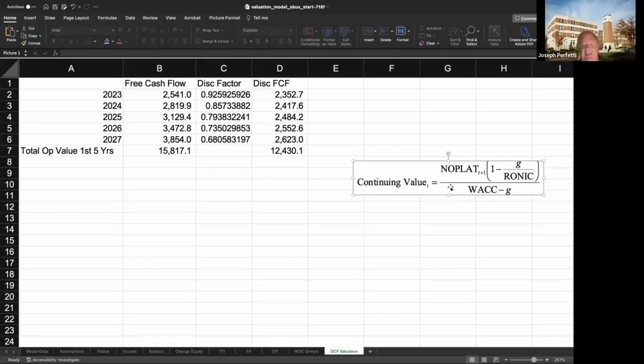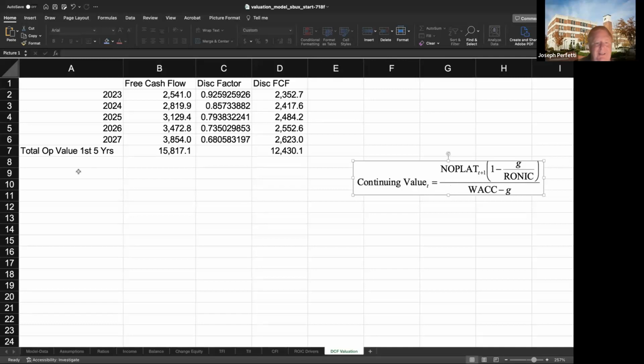Just to remind you of what we're about to do, back to Zoom and share. That's that formula. We just screenshot it and put it into our Excel file.